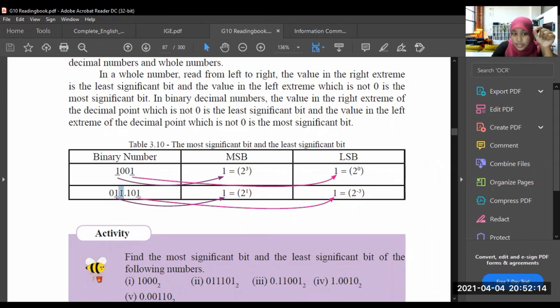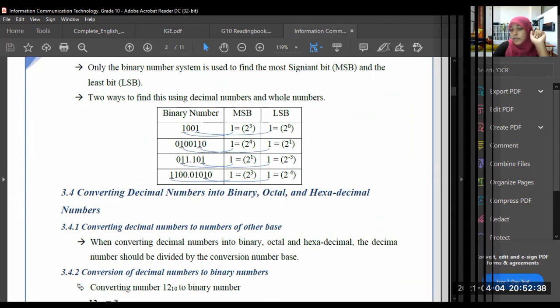So this is 2 to the power 0, sorry, this is 2 to the power 0, this is 2 to the power -1, 2 to the power -2, 2 to the power -3. So the least significant bit is 2 to the power -3.